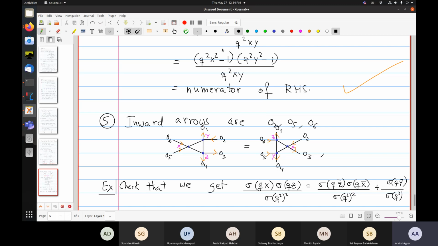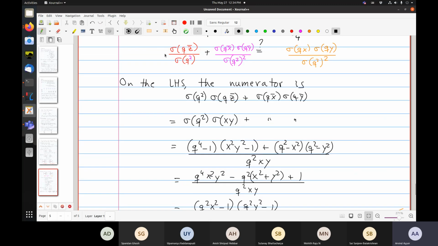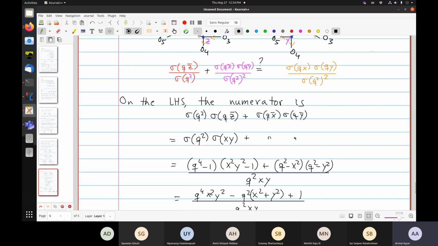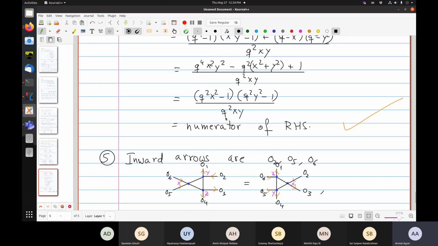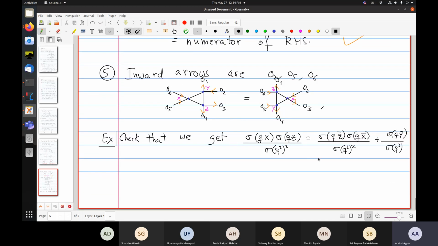Once you check this, by the same ideas as before, because the condition xyz equals q is symmetric, it's the same idea.